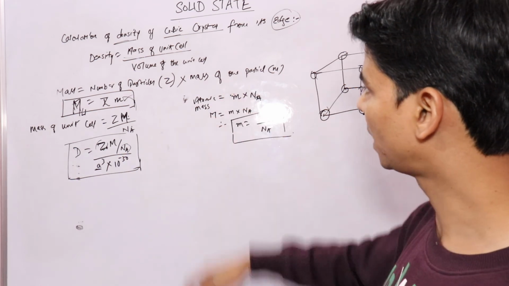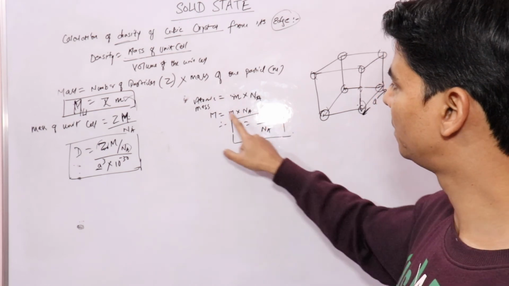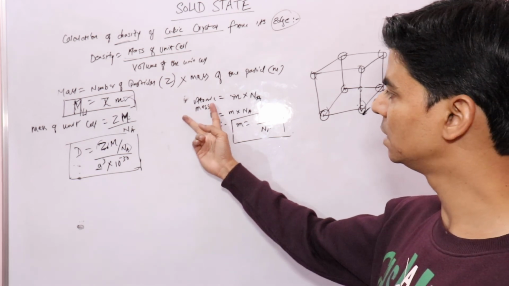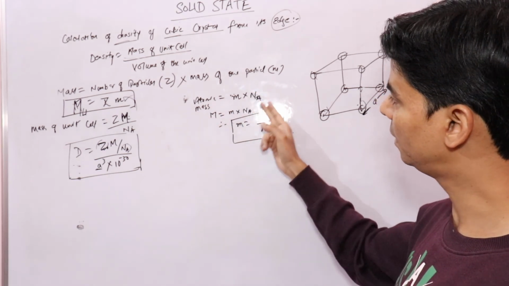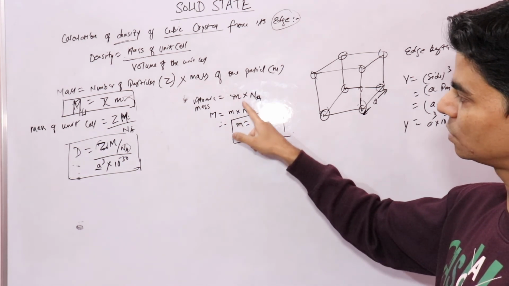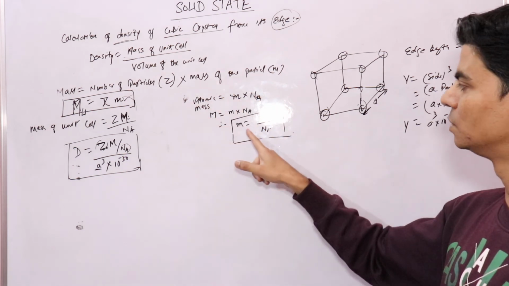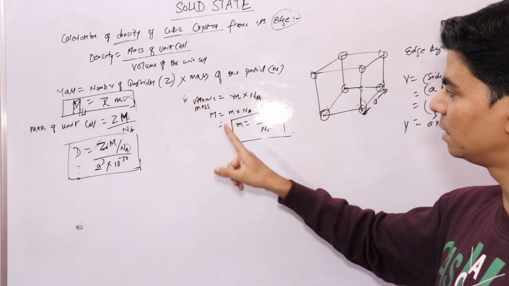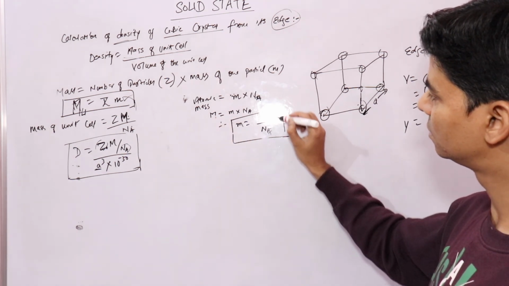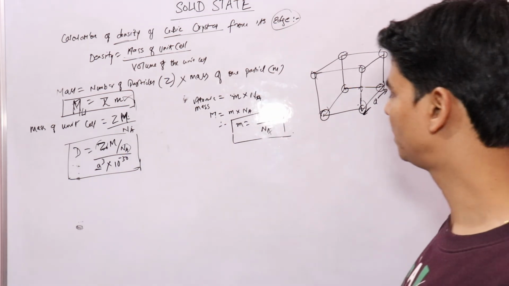The mass of one particle would be the atomic mass divided by Avogadro's number, because we know that atomic mass is the mass of Avogadro's number of particles. So the mass of one particle multiplied by Na will give you the atomic mass. So m, the mass of one particle in terms of atomic mass and Avogadro's number, is this.